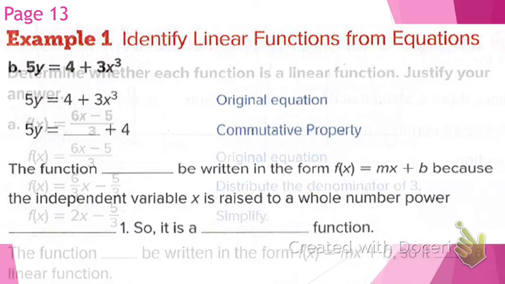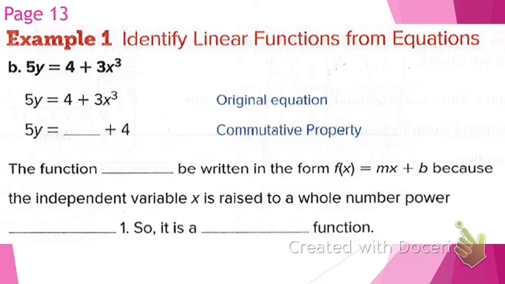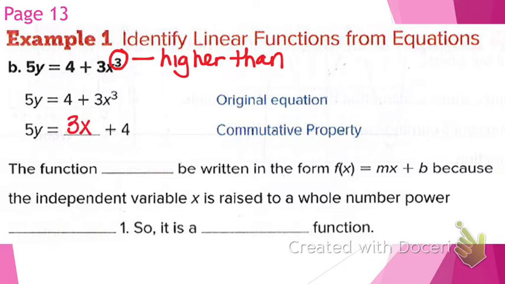All right, let's look at the second one. Looking at this equation, we can easily tell that this is not linear, and we know that it's not linear because of this 3. This is higher than 1. If you were to write it the other way, you could also say 5y equals 3x cubed plus 4.